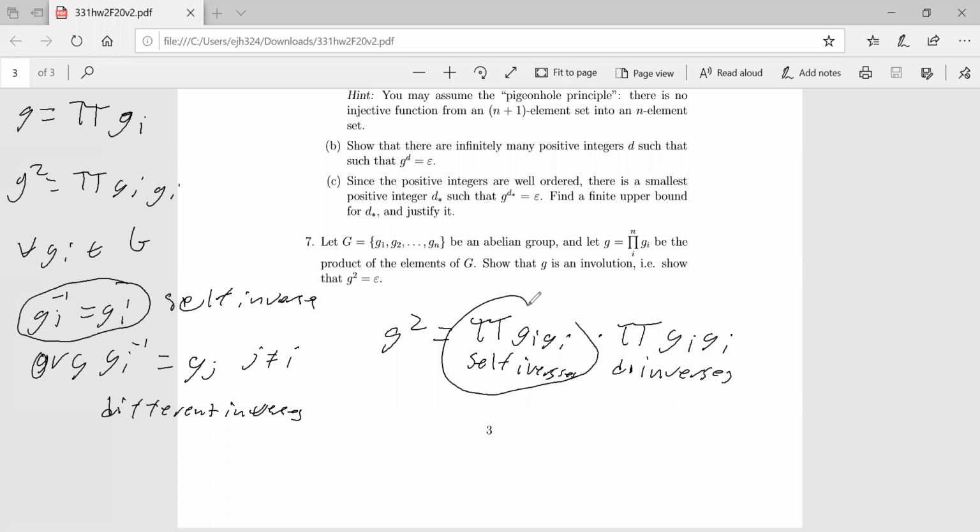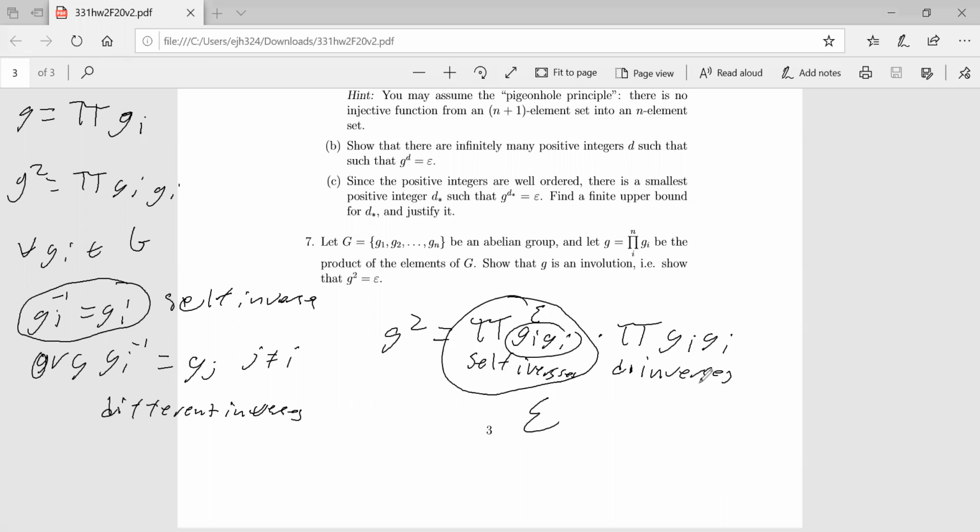What is this right here? What is GI? Yes. Each of these is E. So you just have the product of identities. The product of identities is just identities. So this whole thing is just the identity.